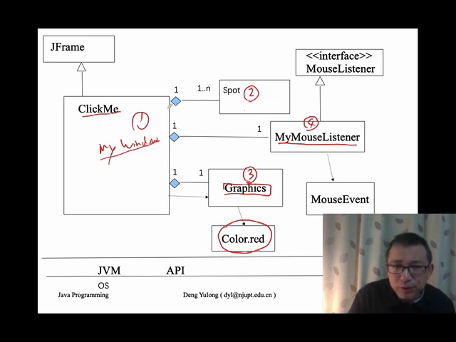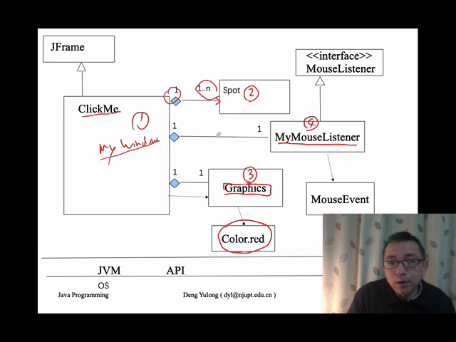So the relationship between click me and spot must be the composition, not the aggregation. So we use this symbol, the filled diamond, numbers, and the arrow, and put them together to describe this relationship. We have one click me object, and we have maybe one, maybe two, maybe none, or a bunch of spots. We use N to stand for a lot of spots.